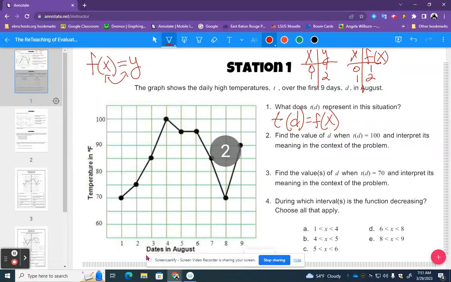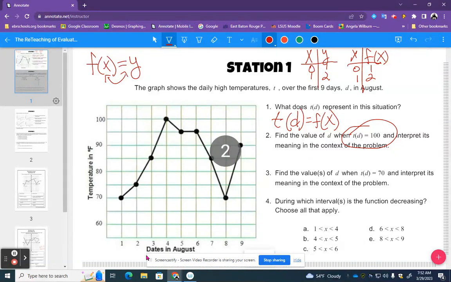X, Y. So if it says T of D equals 100, that's telling you what the function equals. This means what is the x value when y is 100.